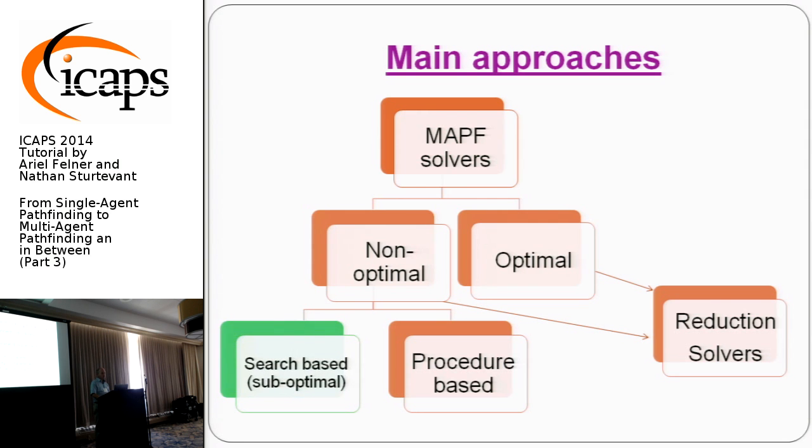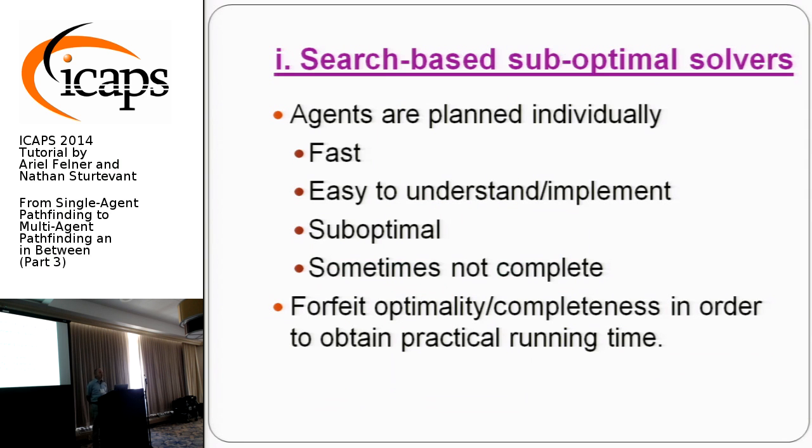Okay, so search-based suboptimal solvers. Usually what they do is that agents are planned individually, but of course when I plan the next agent, I have to make sure that it doesn't conflict with the previous agent. These methods are usually rather fast to run and somewhat easy to understand. However, the solutions they produce are suboptimal.